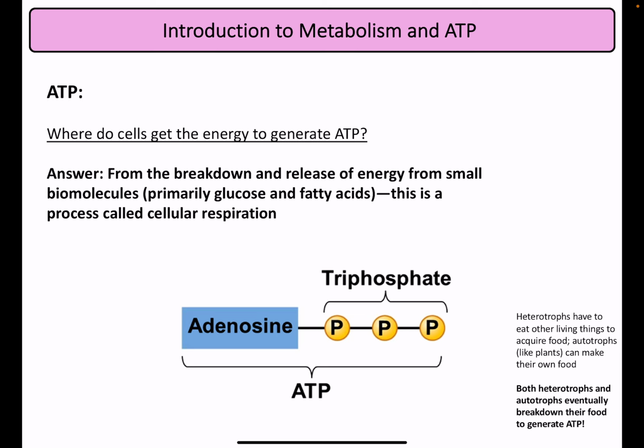So a plant can build its own sugars, it can build its own glucose, but it then has to turn around and put that glucose into its mitochondria and break it right back down to produce ATP. So animals do the same thing. They just consume their food and then break it down. Plants build it themselves, then break it down.